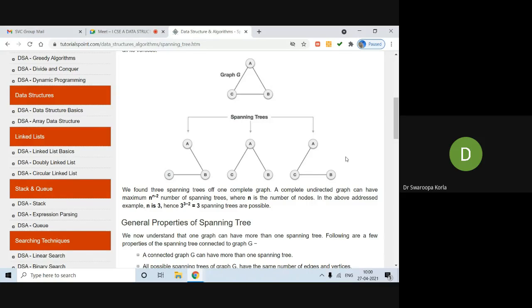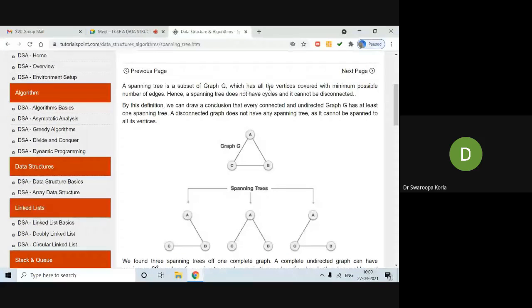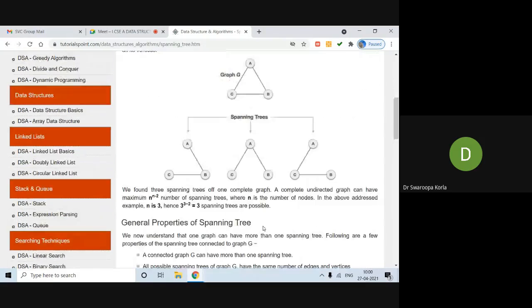You should be able to cover all the vertices of the graph Z. That's why we are saying that a spanning tree is a subset of graph Z, which has all vertices covered with the minimum possible number of edges, and also there is no cycle we are forming. So this is about a spanning tree. For the given graph Z, we found three spanning trees.